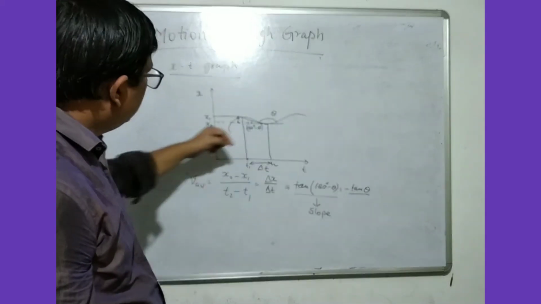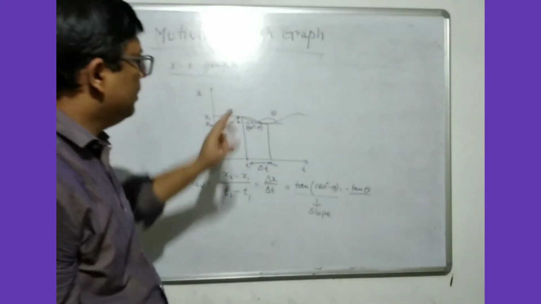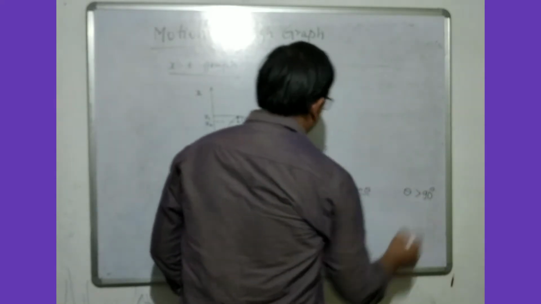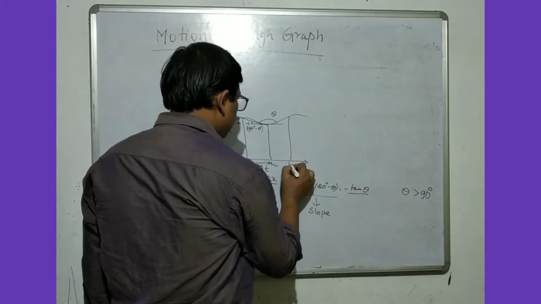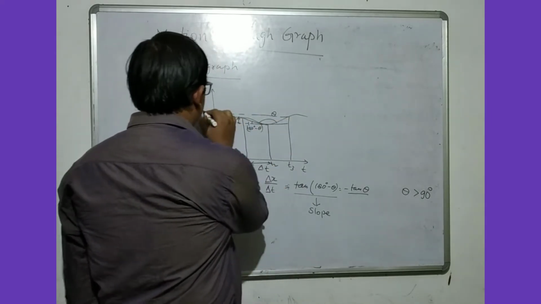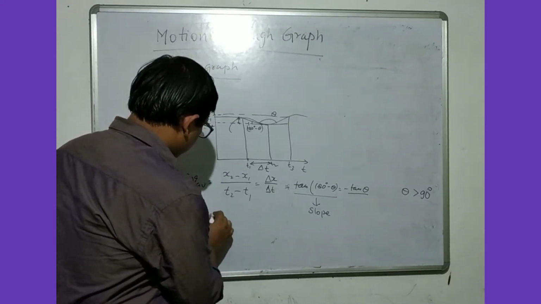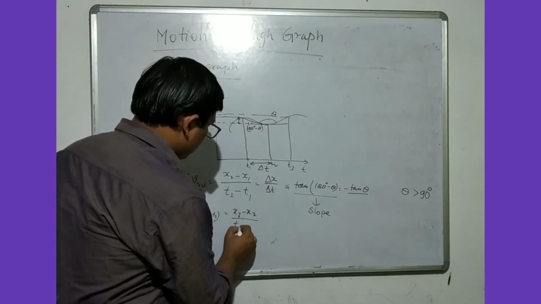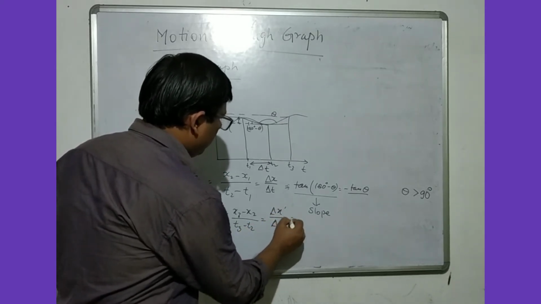So here this V average is coming negative. Why is it coming negative? Because theta is greater than 90 degrees. If theta had been less than 90 degrees, like if we consider from T2 to T3, where the displacement is x3, then V average will be x3 minus x2 upon T3 minus T2.